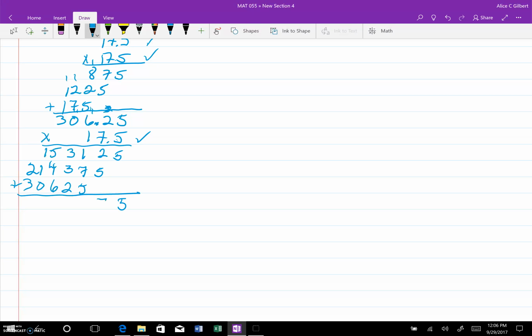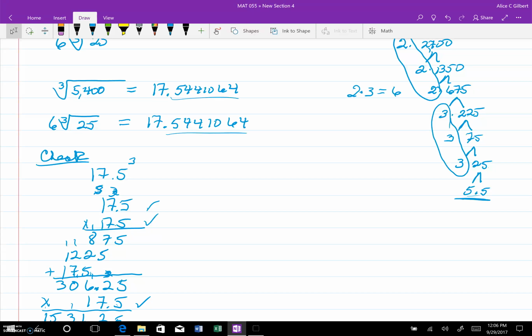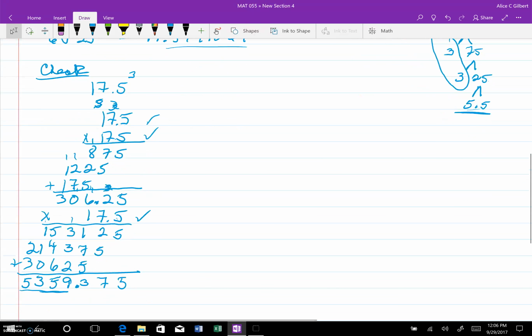So that's 5, 7, 12, 13, 6, 7, 8, 9, 10, 15, 3, 5, and then 3 decimal places. So we're not quite there, but the reason is because of all the rest of these decimals, and these decimals keep going on forever. But we're pretty close to 5,400.